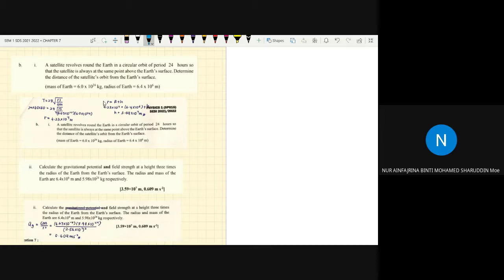Okay, now let's proceed with B. A satellite revolves round the earth in a circular orbit of period 24 hours. Okay, period dia adalah 24 jam. So the period is 24 hours. Okay, what is the first thing yang awak kena buat?